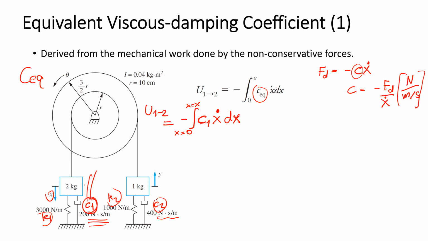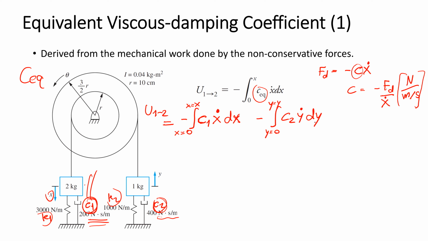And for C2, another mass, we also have y, integral from y0 to y, and C2 has the y dot and dy.